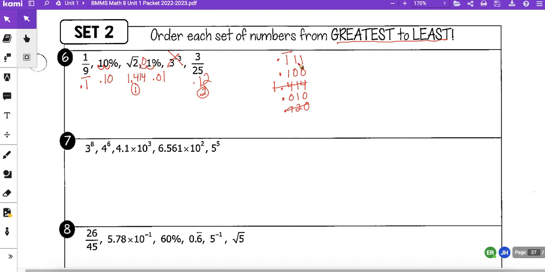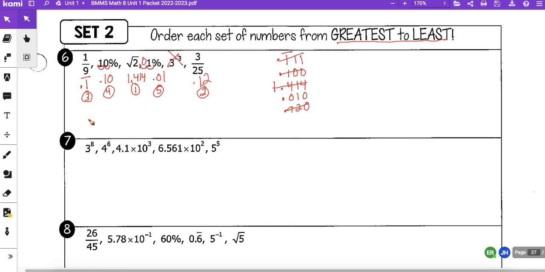Now we're looking for the next greatest, which is right here, 111 thousandths. So we're going to put a 3 right here. Cross it out. And then 100 thousandths or 10 thousandths. Hopefully you're thinking 100 thousandths. So we're going to put a 4 here. And then finally, this one will go last.